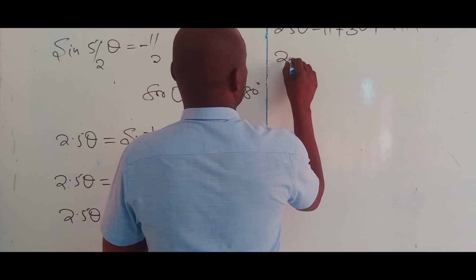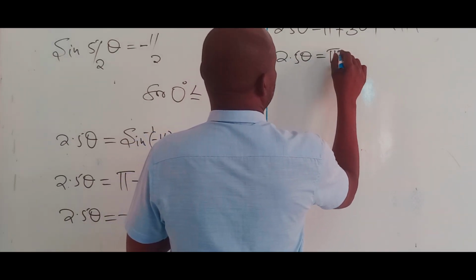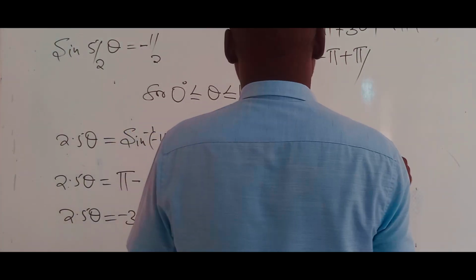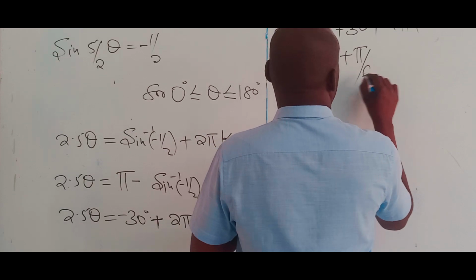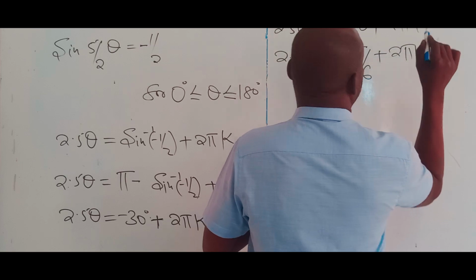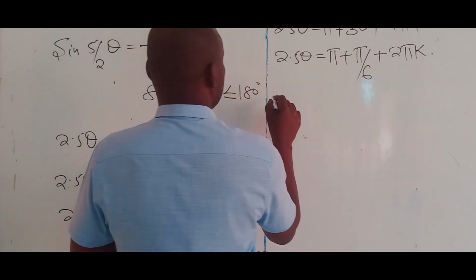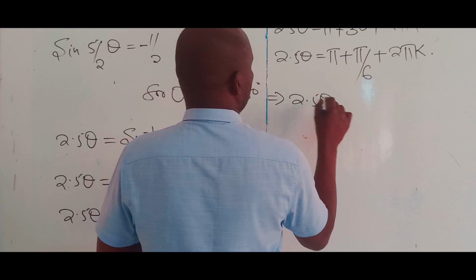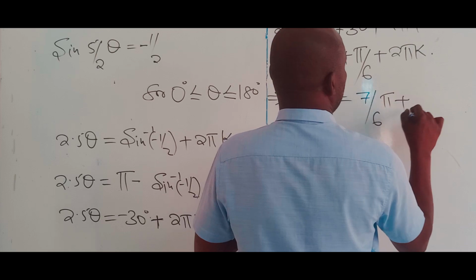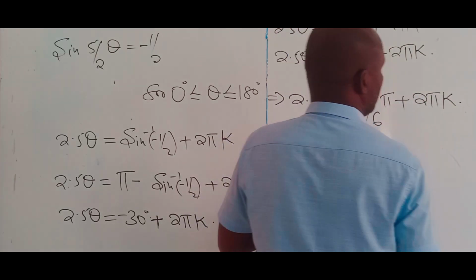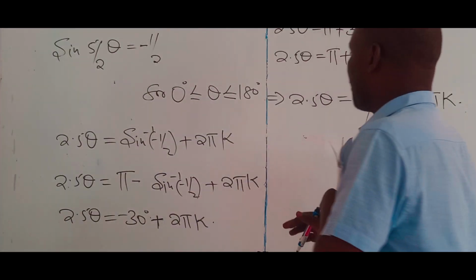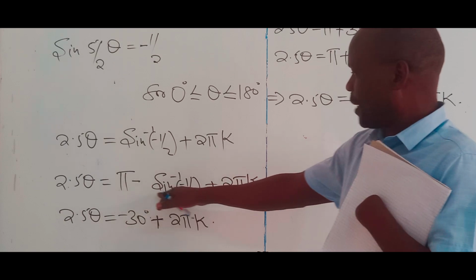So I have 2.5 theta is equal to pi plus pi over 6 plus 2 pi k, which will be 2.5 theta is equal to 7 over 6 pi plus 2 pi k.